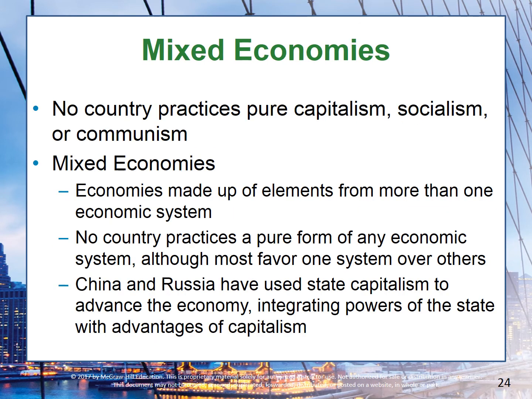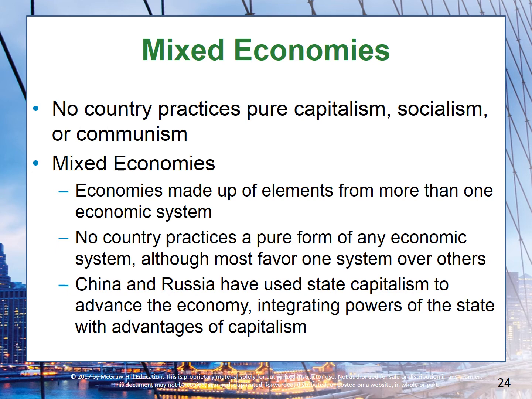No country practices a pure form of communism, socialism, or capitalism. Most of them will favor one over the other, but most countries operate as a mixed economy, which has elements of more than one of the economic systems. One of the examples that the book gives us is Sweden.